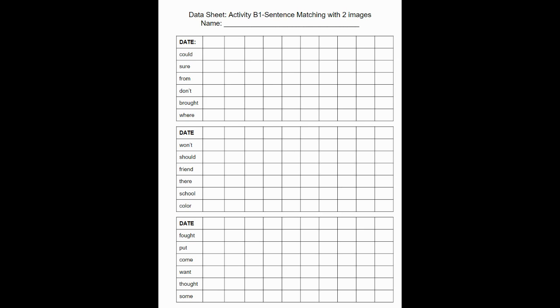And then you can always go back to the ones that they weren't getting and redo those. If you get through the first set, could, should, from, don't, brought, where, and they didn't do so good here, didn't do so good here, but by trials 3, 4, and 5, they're getting most of them correct, I would just move on to set 2.